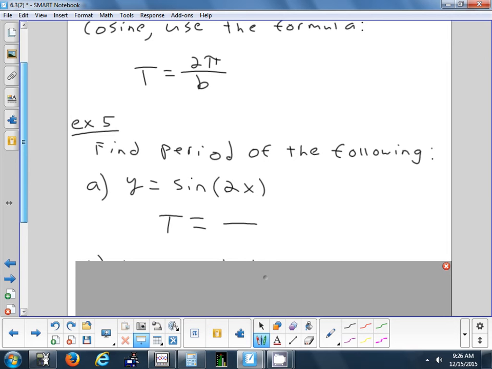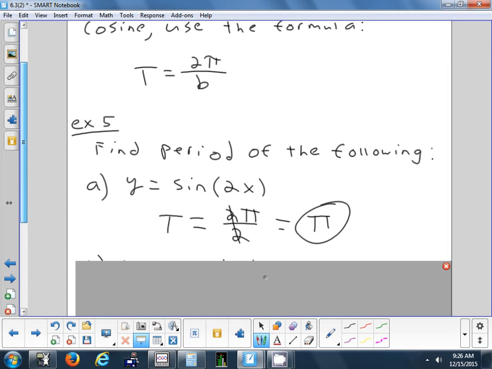Okay, b is 2. B is not the period. B is part of the fraction that's going to help you find the period. It's the denominator. A lot of people make that mistake and say the period's 2. Nope. 2 is just the denominator. 2 pi over 2. So the period is 2 pi over 2, or just pi.